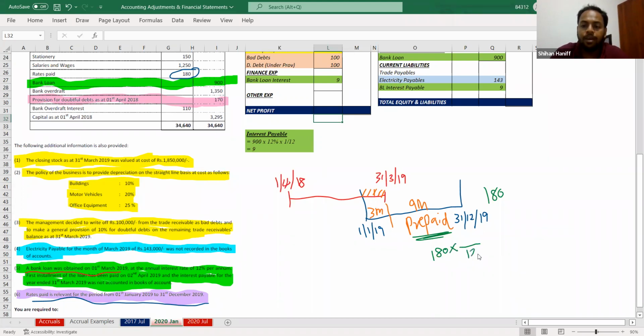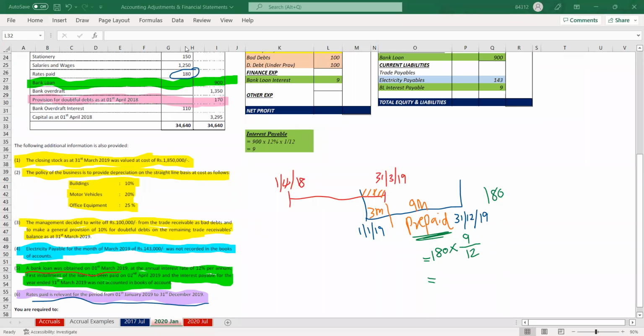Divide by 12, so you get 1 month's rates. 9 months prepayment: 135.